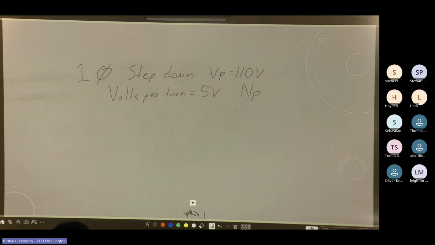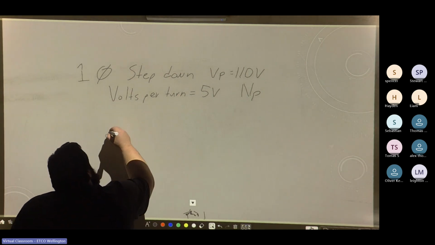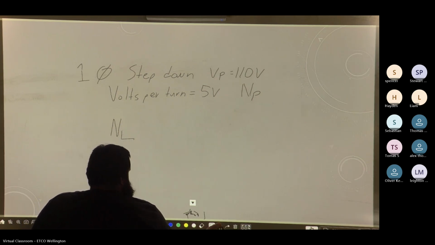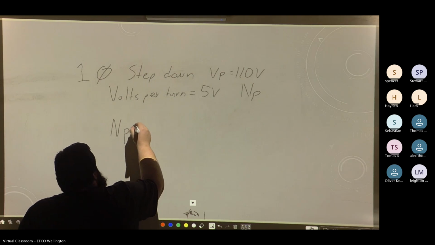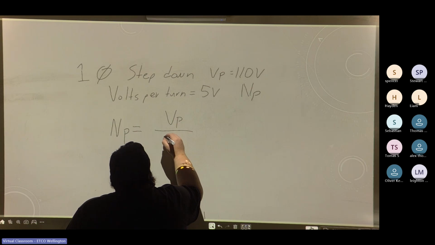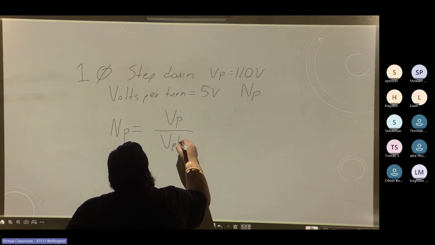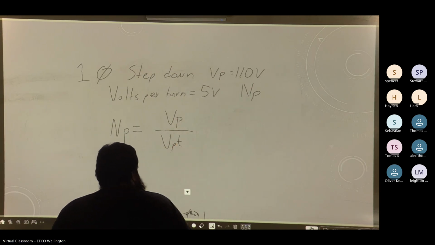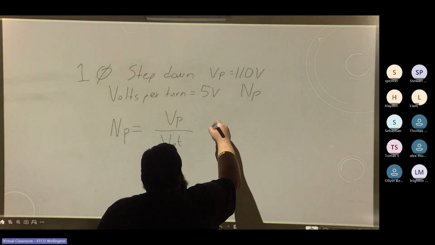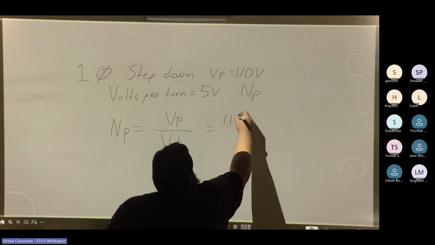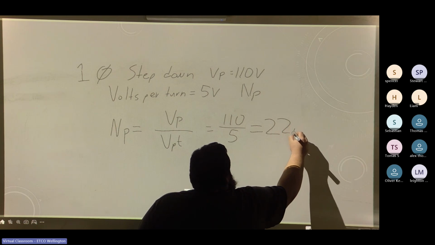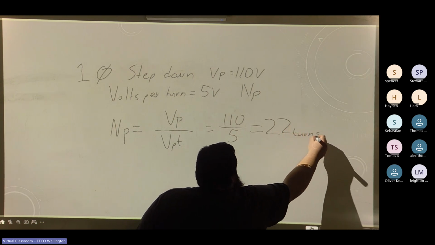Yeah, so the way we do this one is find NP. We take our primary voltage and we divide it by our volts per turn, which is equivalent to 110 divided by 5, which gives us 22 turns.